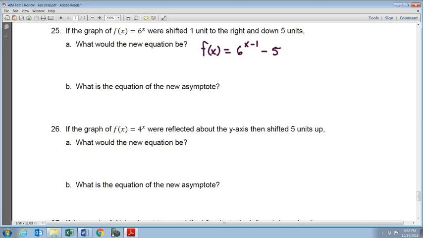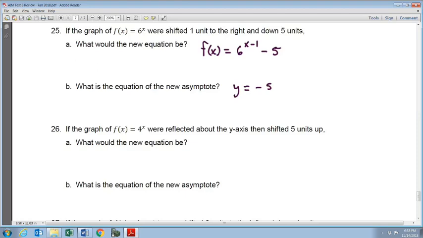Now remember, with exponential functions, y equals 0 is your asymptote, and it's only when you go up or down that that's going to change. When we go down 5, that moves it down 5, so it's going to be at y equals negative 5. Now if you have a problem doing this, you may have to draw a little sketch to help remember what happens to your asymptote.